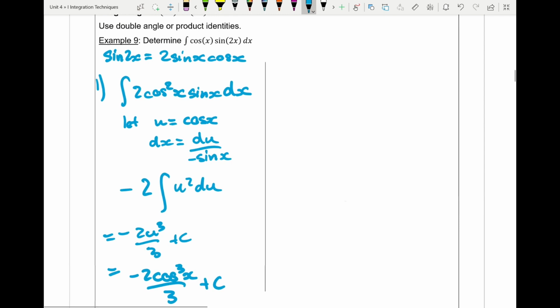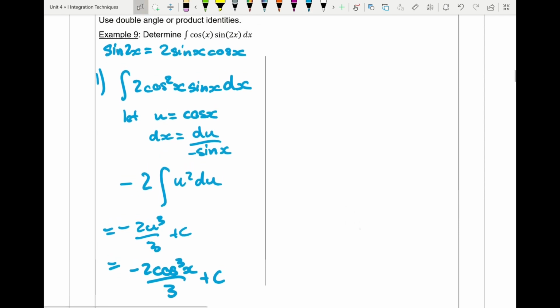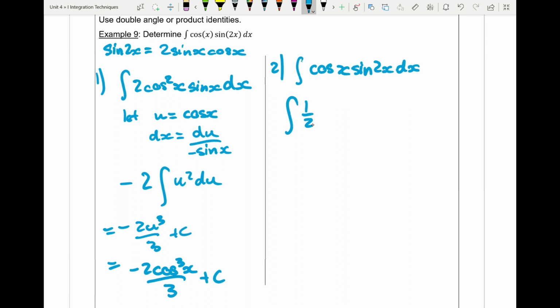Okay, but there is a second method that we can do here using the product identity. So cosine x sine of 2x dx is the same as a half sine 3x plus 1/2 sine x dx.